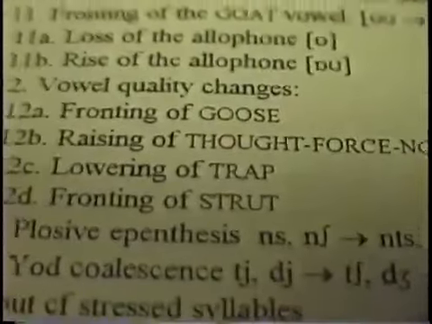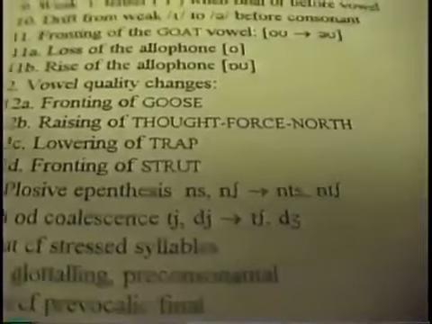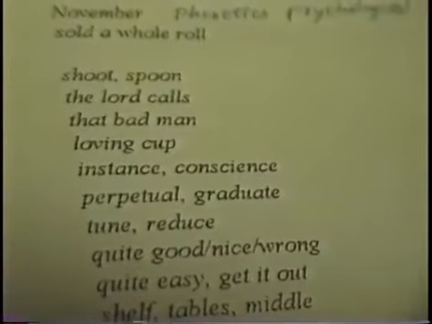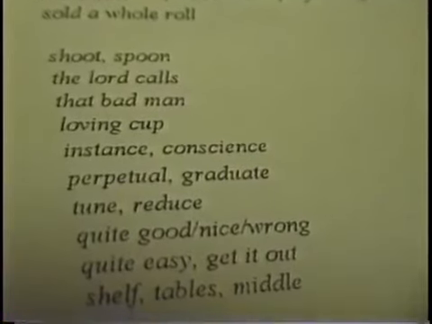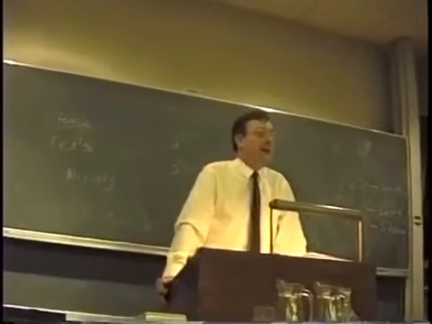15, T-glottalling. We've talked about this in the context of Cockney, but it's not just Cockney. Before strong consonants, obstruents and nasals and things, it seems perfectly okay for word-final T, so "quite" can be pronounced with a glottal stop in phrases like "quite good," "quite nice," "quite wrong," although it's perhaps not quite RP, or not only for the youngest RP speakers in phrases like "quite easy," becoming "quite easy," or "get it out," becoming "get it out."